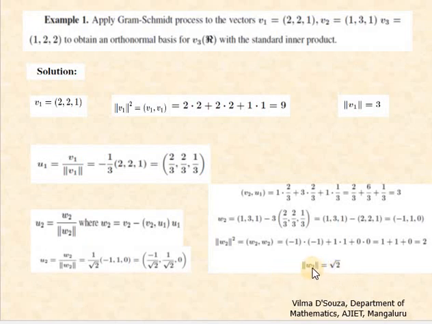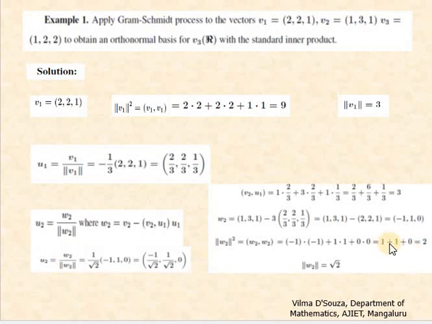So what is the length of W2? Length of W2 is root of minus 1 square plus 1 square plus 0 square. That is root of 2. Now come back, substitute in this formula to find U2. What is U2? W2 by length of W2.